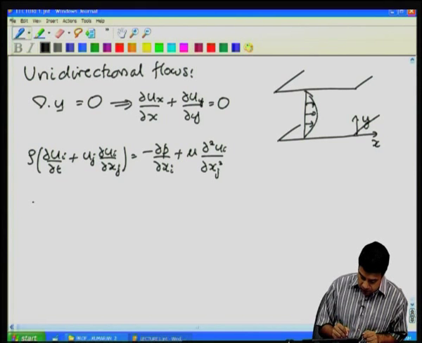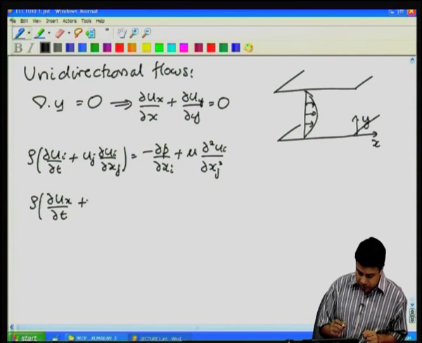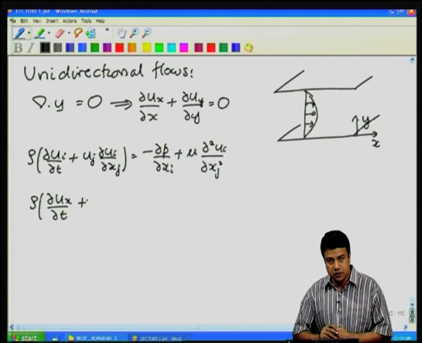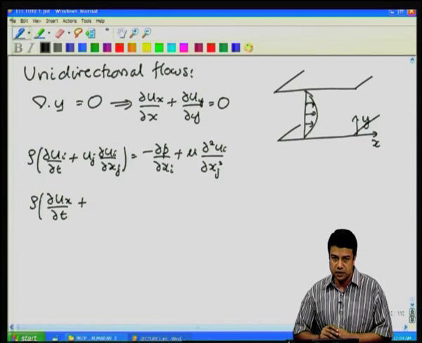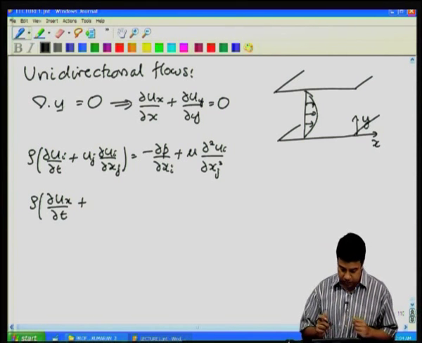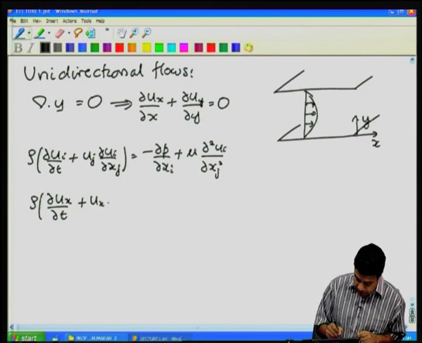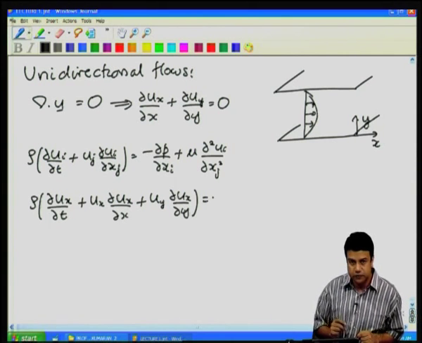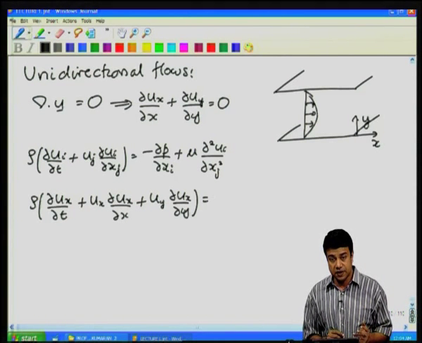So, you will get rho times partial u x by partial t plus u j partial u i by partial x j. There is a summation over j. That means that you have to add up values for j is equal to x and j is equal to y. So, this becomes u x partial u x by partial x plus u y partial u x by partial y. i is x in this case.